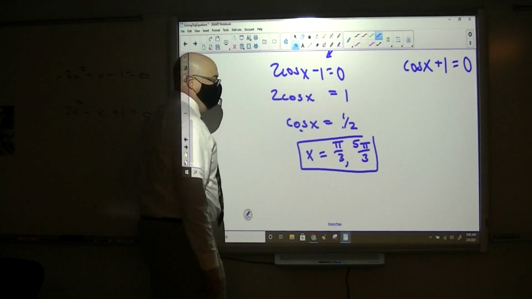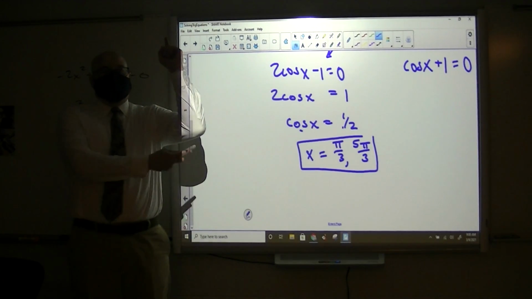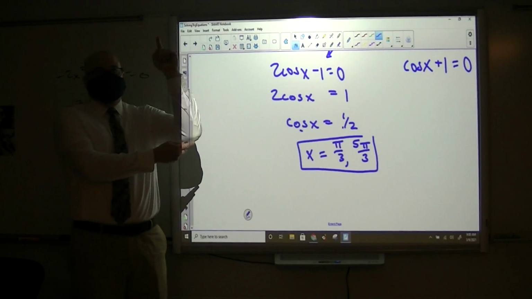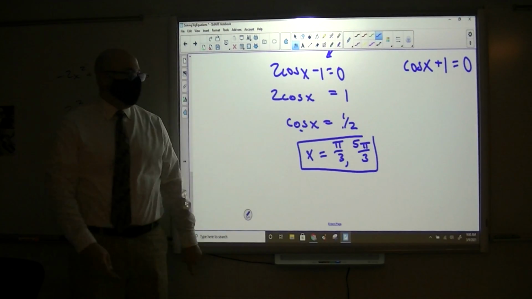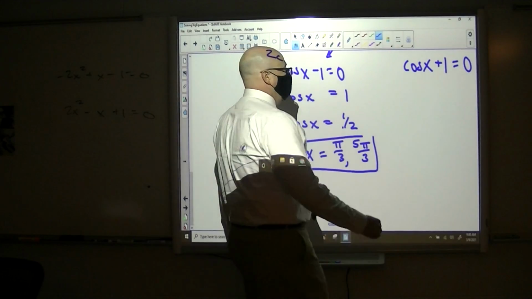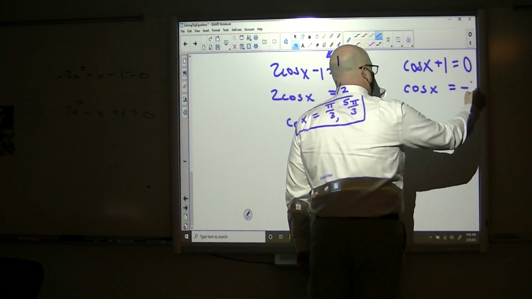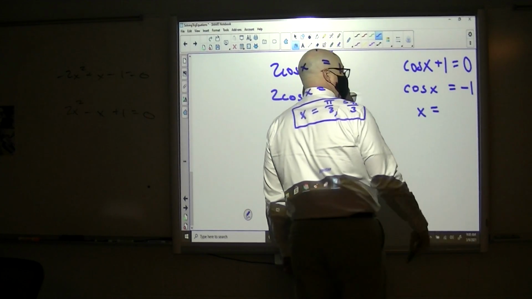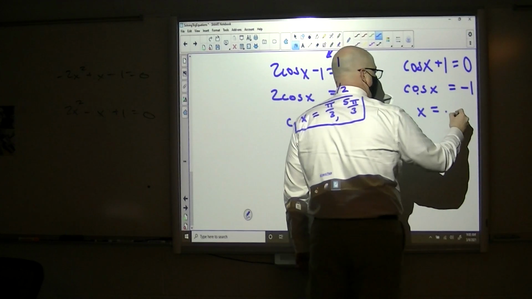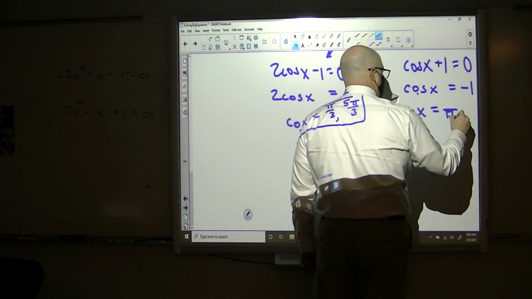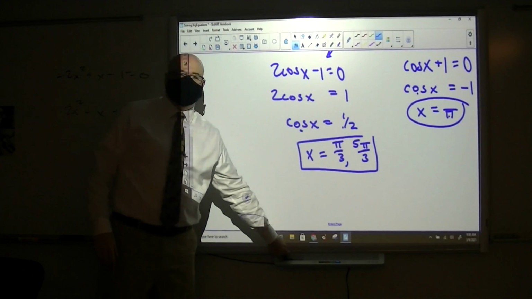One of them is in quadrant 1, the other one's in quadrant 4. The x-coordinates have to be positive, so if my elbow is the origin, the only positive x-coordinates are in quadrants 1 and 4. Okay? And I think we just did this in the opener, right? Cosine x equals -1. So x equals the angle that has an x-coordinate of -1, which is pi. So we get 3 solutions to this problem.